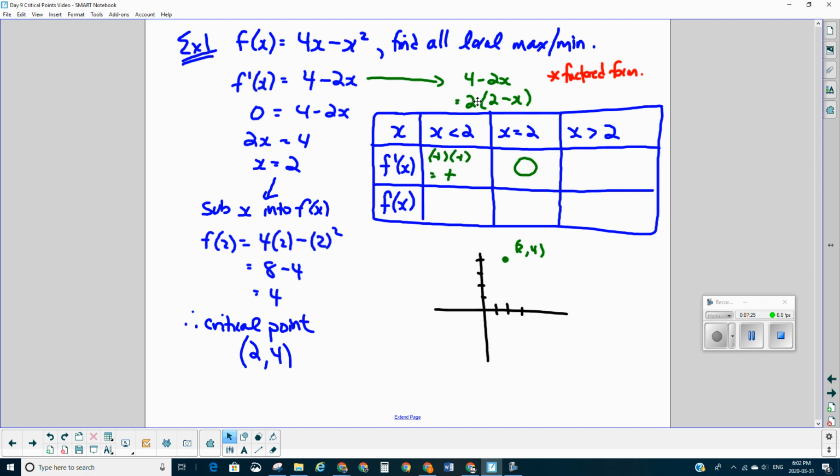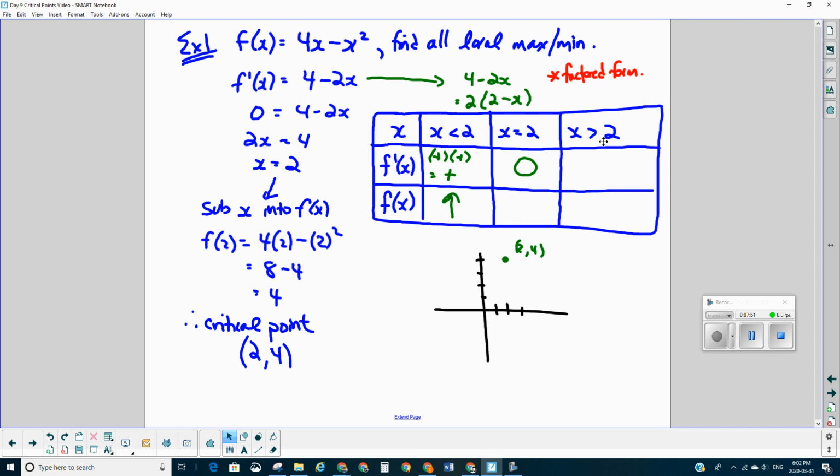So you're going to have a positive times a positive, which is positive. This tells me that the derivative, the slopes of the tangents, remember these tell me all the slopes of the tangents, when x is less than 2, all the slopes of the tangents must be positive. That means the graph is going up. So we have some proof now that the graph is going up. I suspect that it's going down afterwards, but we need to prove it.